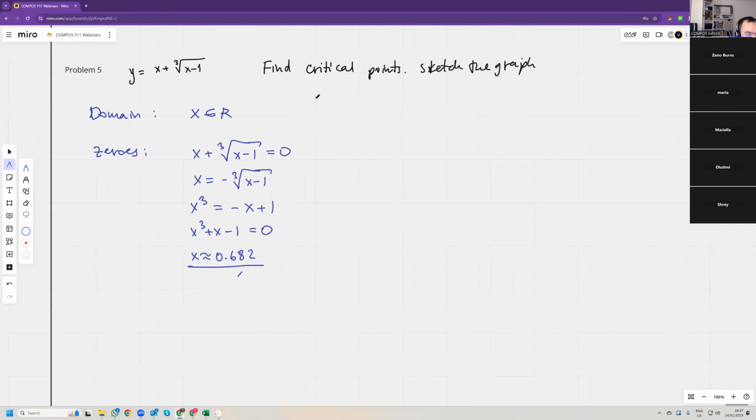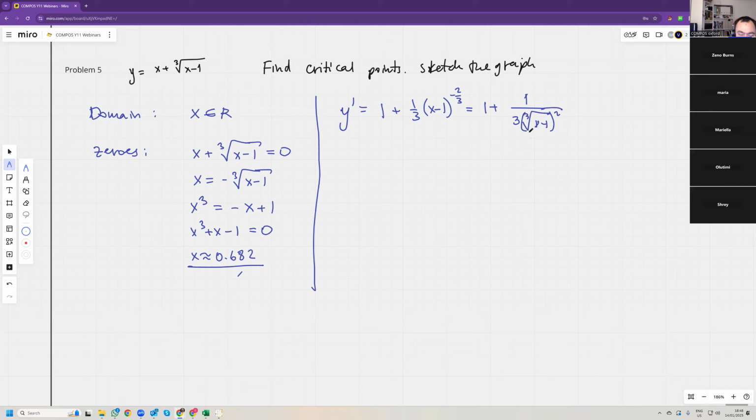Then what can I say? Let's find the first derivative, y dash. It's going to be 1 plus 1/3 (x minus 1) to the power minus 2/3. So 1 plus 1 over 3 cube root of (x minus 1) squared.